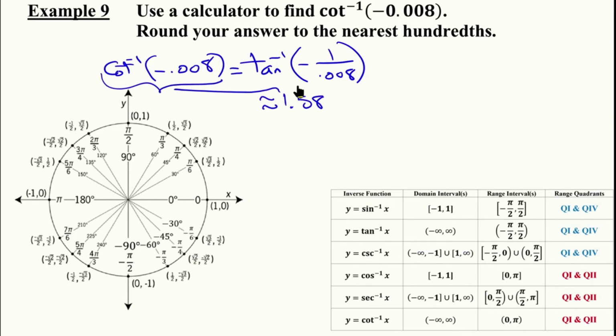We just use the calculator to help us get to this. I just want to make it very clear, this is not the answer for that operation. This is the angle, the answer for this quantity using this operation. Okay, so be very careful with those inverse tangent, inverse cotangent situations.